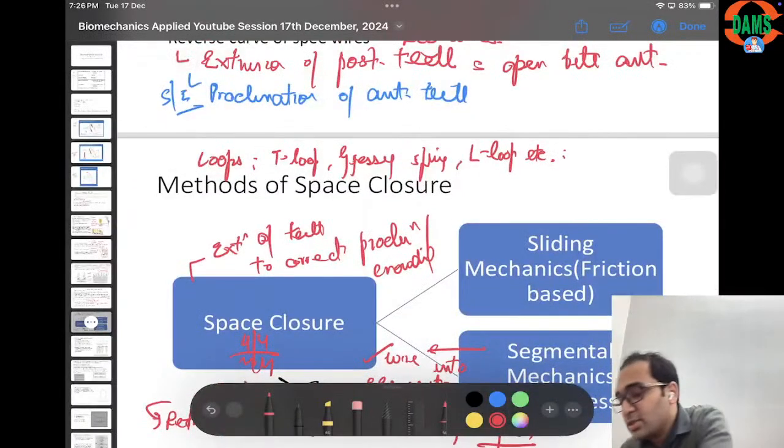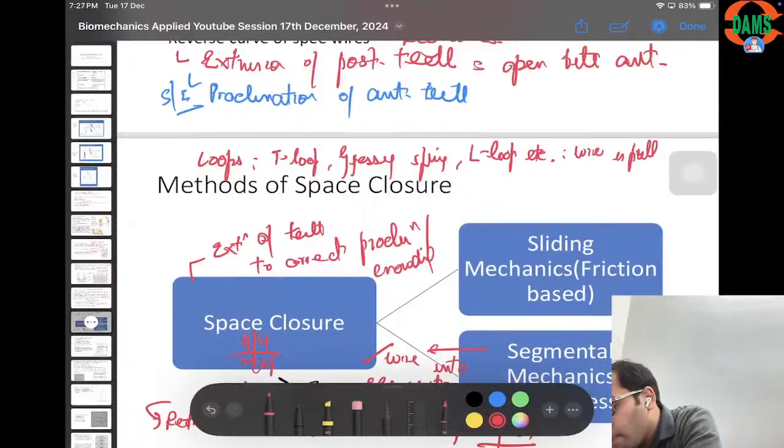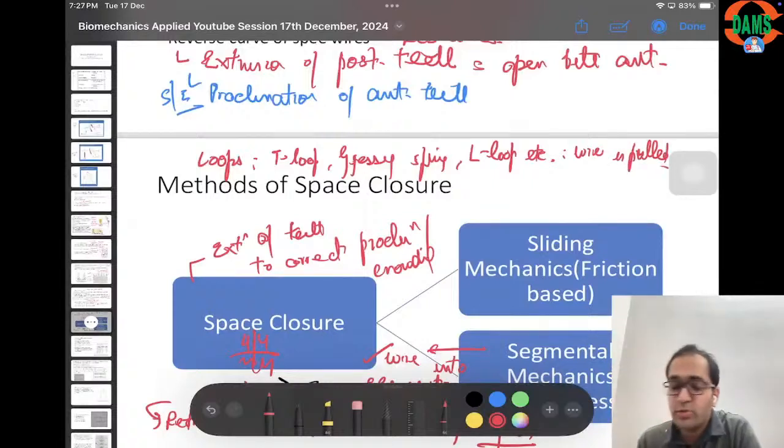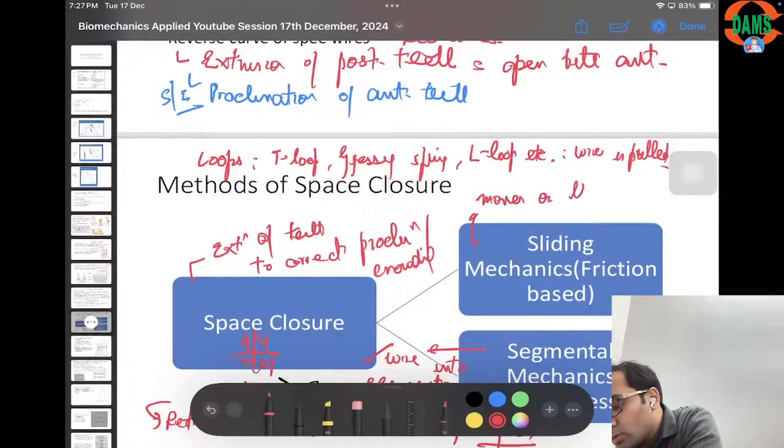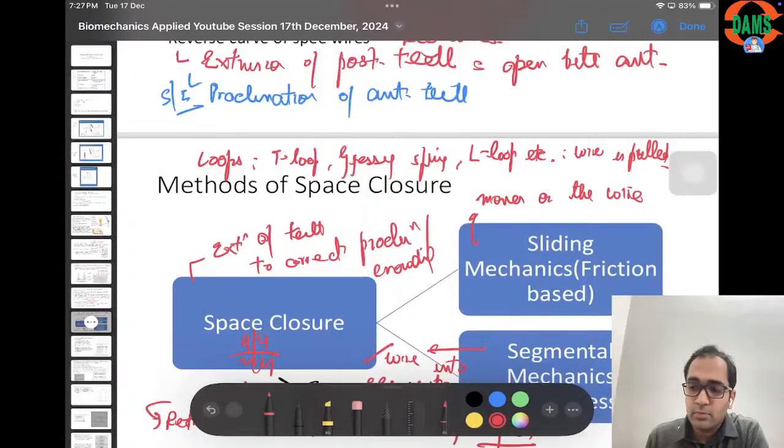Whereas in sliding mechanics or friction based mechanics, the teeth translate or move on the wire. That is why it is known as friction based mechanics.